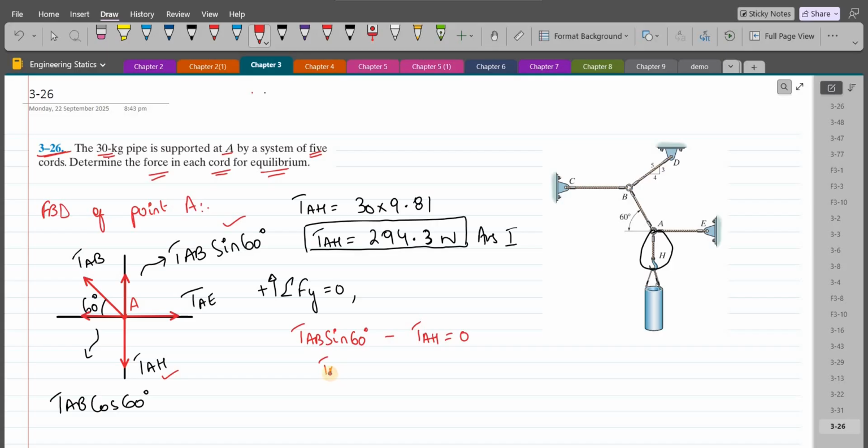So TAB is equal to TAH, which is 294.3 over sine 60. So TAB comes out to be 339.8 newtons. So this is our second answer.